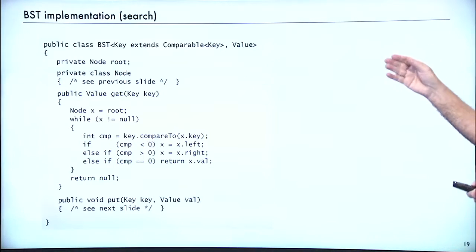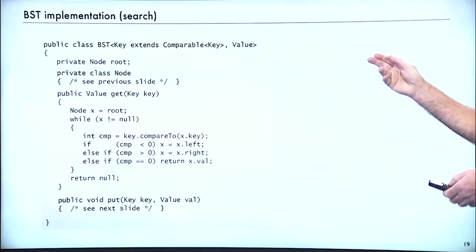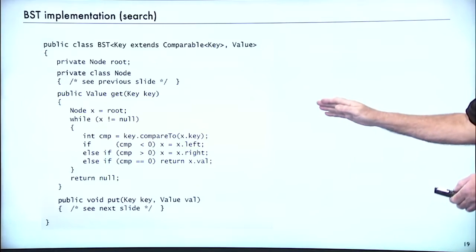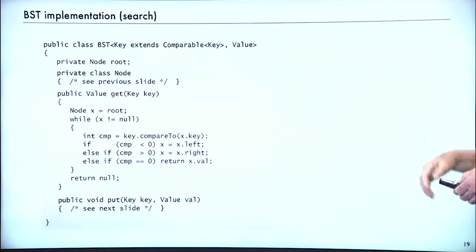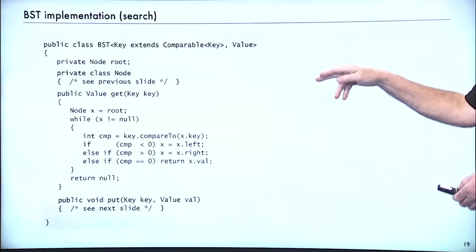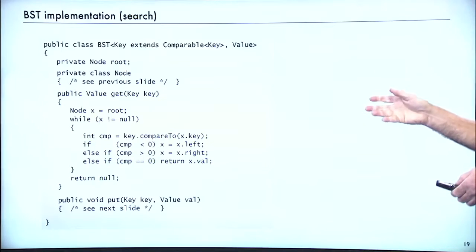We have a variable x that we set to be the root of the tree. As long as that node x is not null, then we're going to compare the key at x, that's x.key, with the key that we were given to search for. That comparison can have 3 outcomes, either less than 0, greater than 0, or equal 0. If it's less, the key we're looking for is less than x's key, then we'll go to the left.